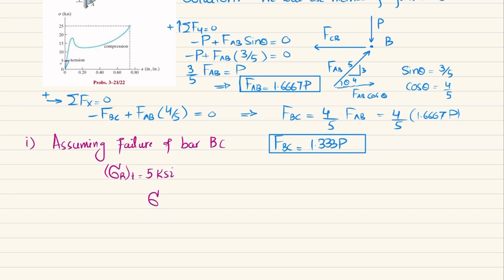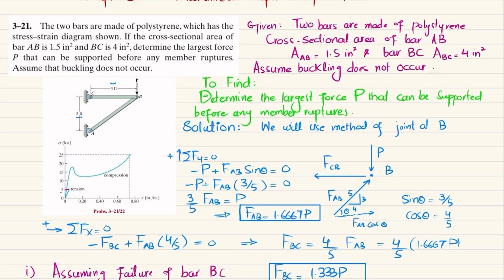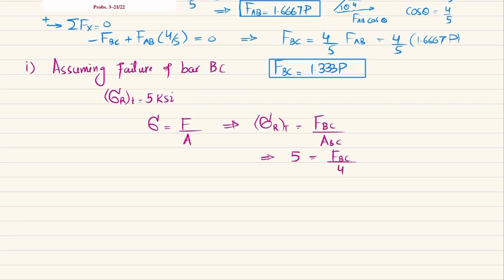We know that stress is equal to force per unit area. So for this member BC, rupture due to tension will be equal to FBC divided by the area of BC. So 5 KSI is equal to FBC divided by the area of BC, which is 4 square inch. From here you will get FBC equal to 20 kips.